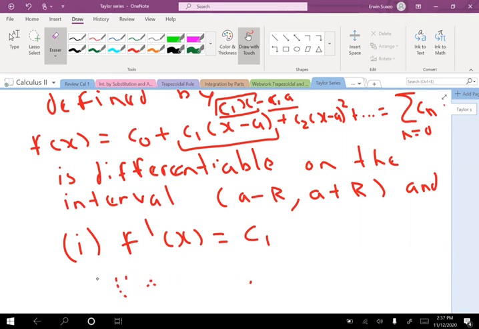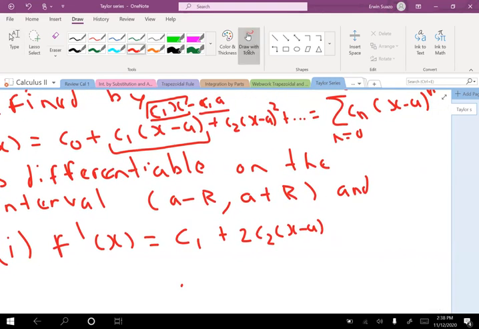So the derivative of this is just going to be c1, plus the derivative of the next one, which will be 2 c2 x minus a, right? Basically you just put down the power.